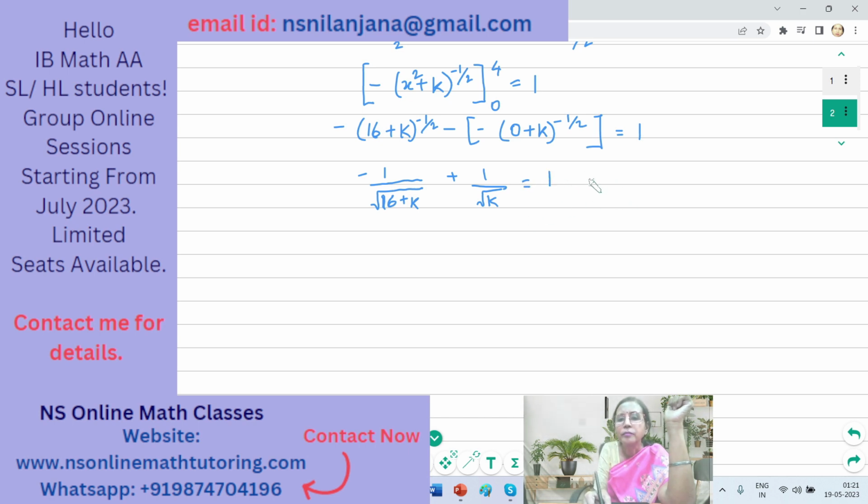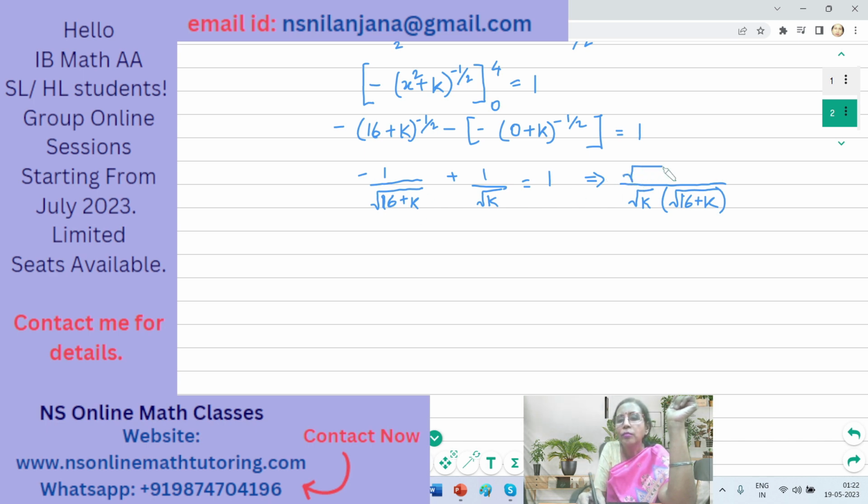Okay. So I can take the common denominator as root k times root 16 plus k, and let me write this root 16 plus k first of all, because this is having a minus sign.